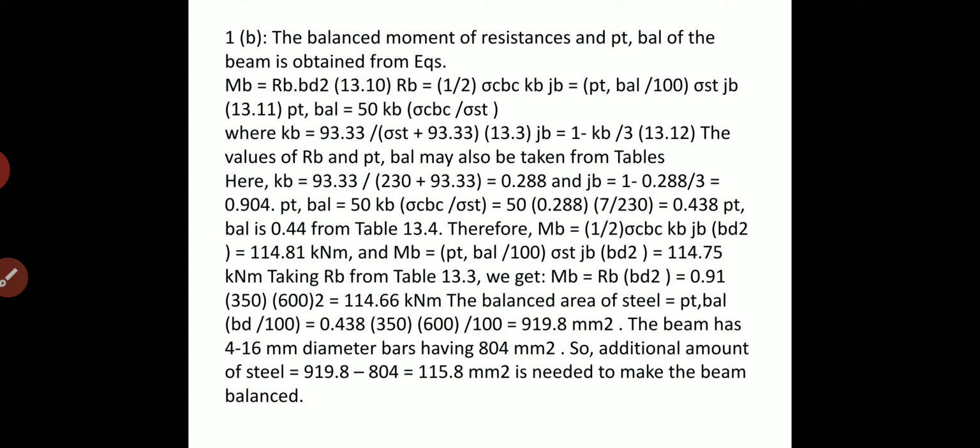Taking RB from table, we get MB equal to RB into BD square. The RB value 0.91 into B 350 and D 600 square. Here we will get MB value which is 114.66 kilonewton meter.